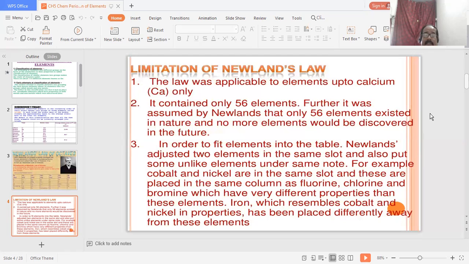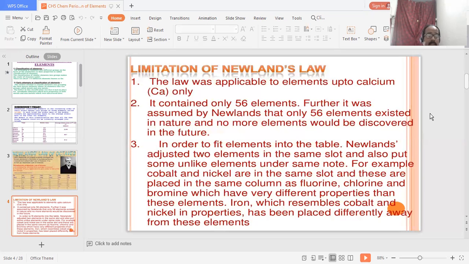Number two, it contained only 56 elements. Newlands assumed that only 56 elements exist in nature and no more elements would be discovered in the future.